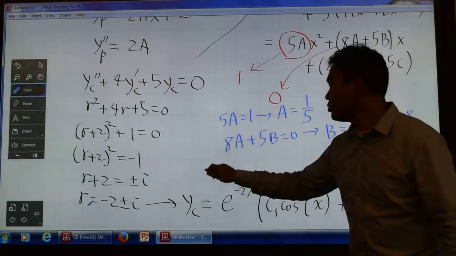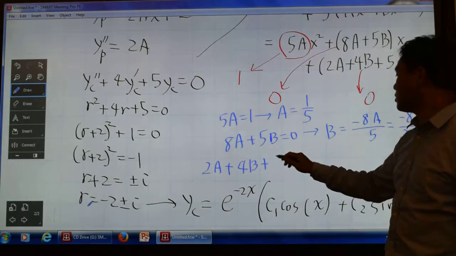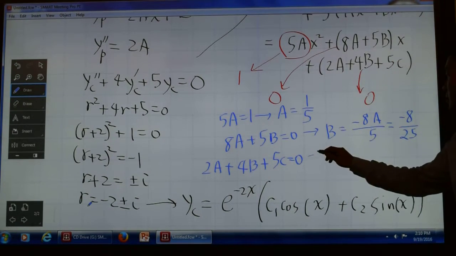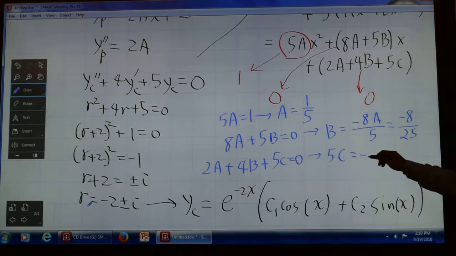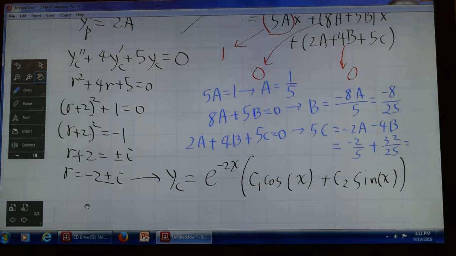Then 2a plus 4b plus 5c should equal 0, which means that 5c, let's leave the c here, is negative 2a minus 4b. When you plug them in, it's negative 2 over 5 plus 4 times 8 is 32 over 25. And because this is negative 10, you get 22 over 25.